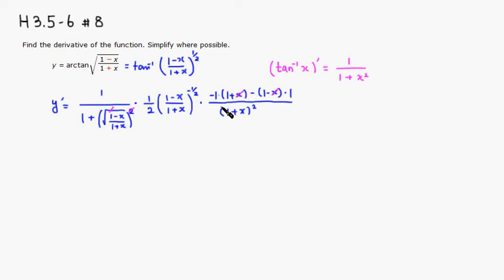What's left is negative 1 minus 1, so the numerator here is actually negative 2. There's a 2 on the bottom and a 2 on top, so we can cancel, and that's going to be negative 1 here.